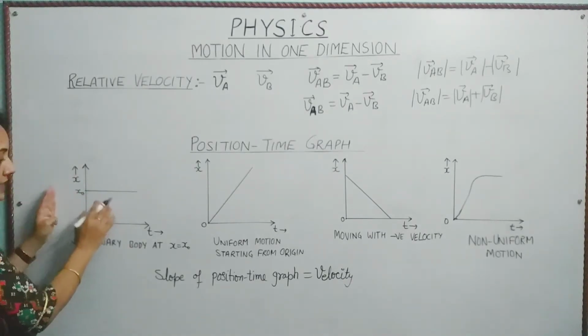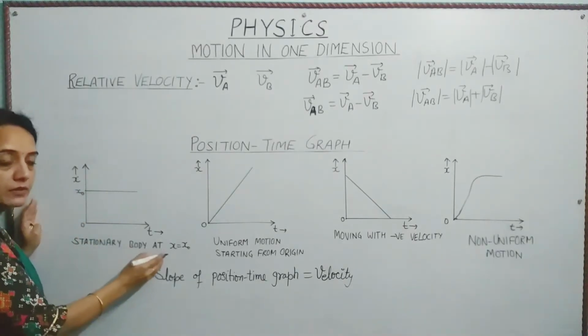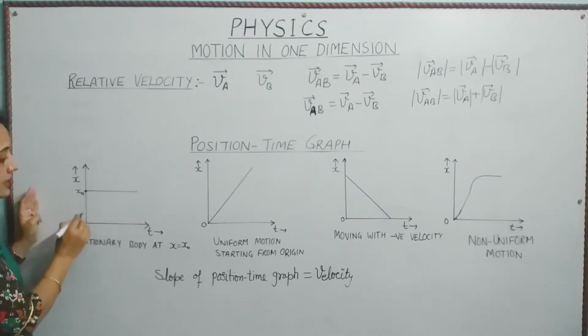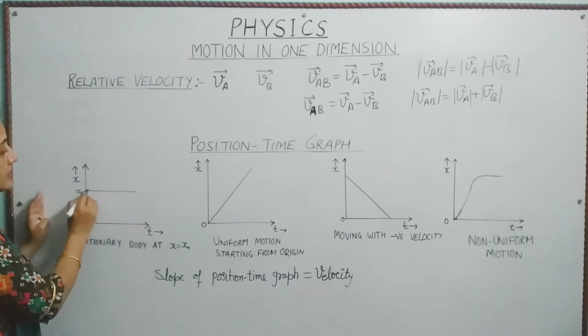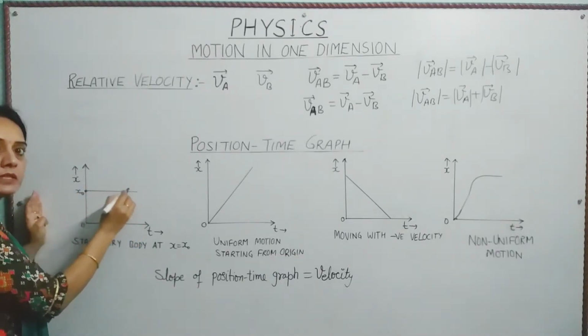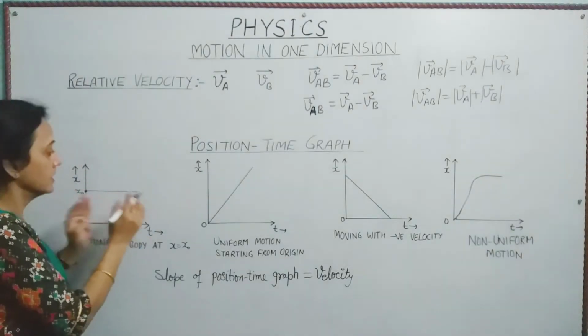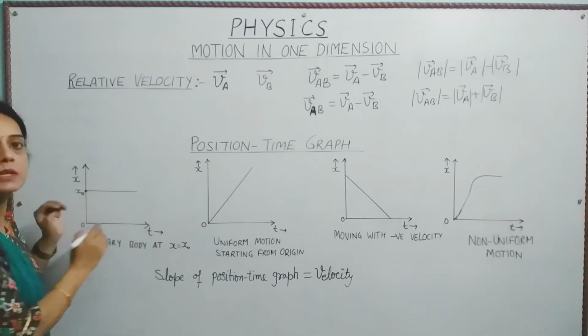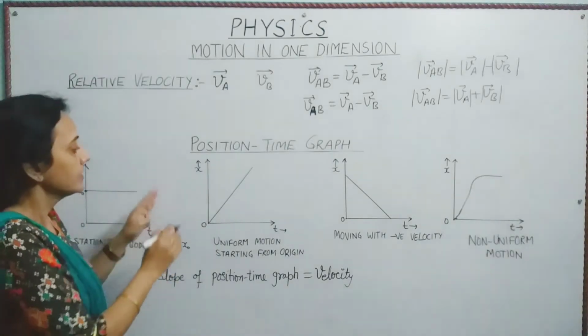This is the graph for a stationary body, which is stationary at point x naught. Time is increasing, but the body is not changing its position. It is continuously at the same position. So the graph comes out as a straight line parallel to the time axis.